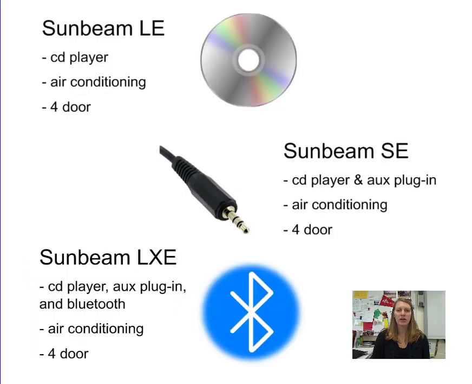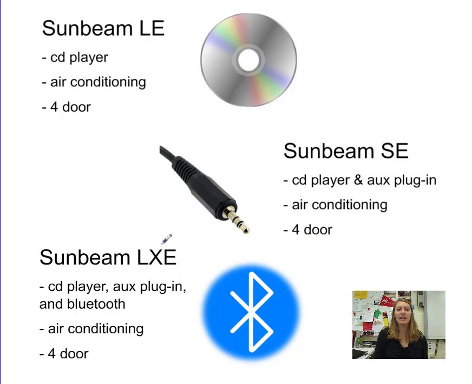You can think about it as you would a car. Here I just said a Sunbeam LE car, Sunbeam SE, and Sunbeam LXE. And they're each going to be a generic type of car, let's say. But if we look at some of the features that they have, the LE has a CD player, air conditioning, and 4-door. The SE has a CD player and an aux plug-in, air conditioning, and 4-door.